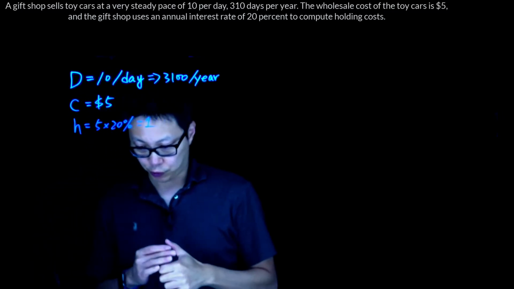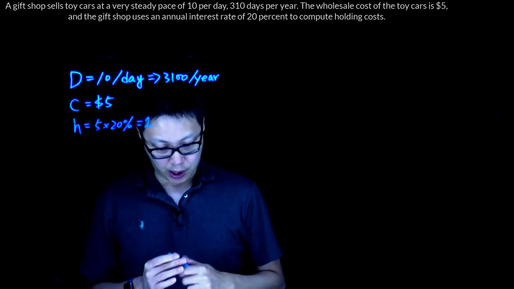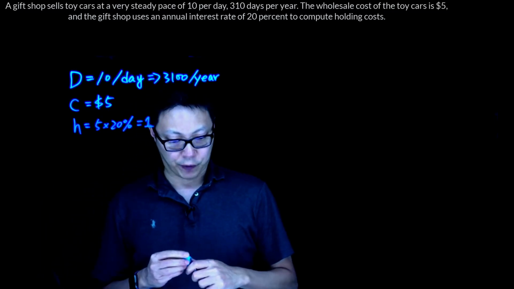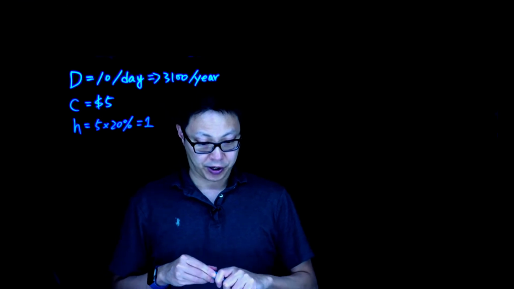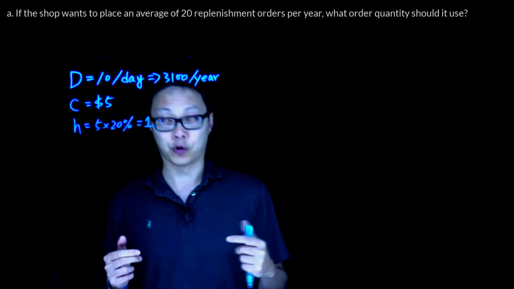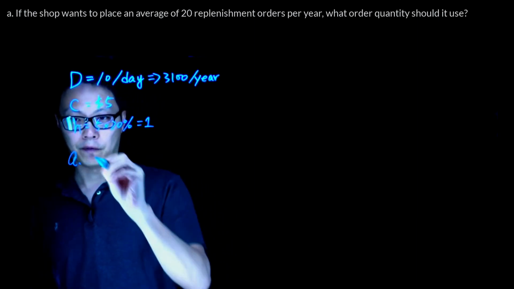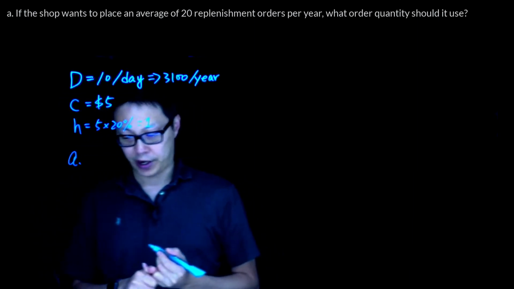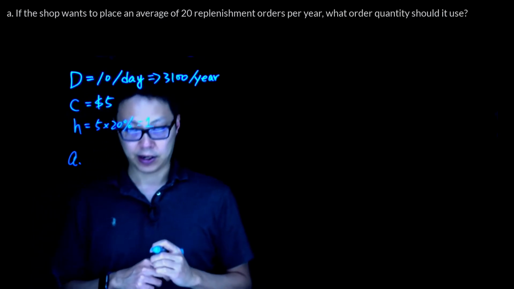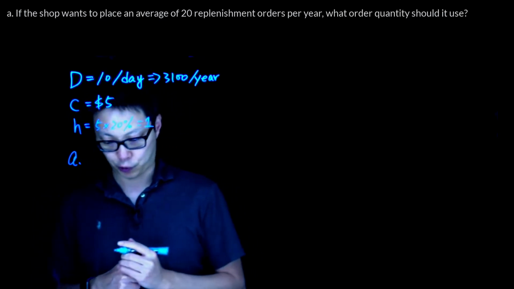So the first question we want to answer will be, if the shop wants to place an average of 20 replenishment orders per year, what order quantity should it use? In order to do the calculations, the first thing we want to do is to figure out how many days we need to place a new order.